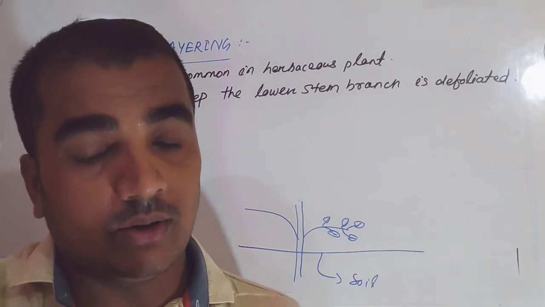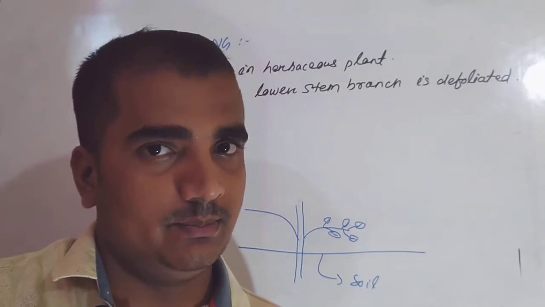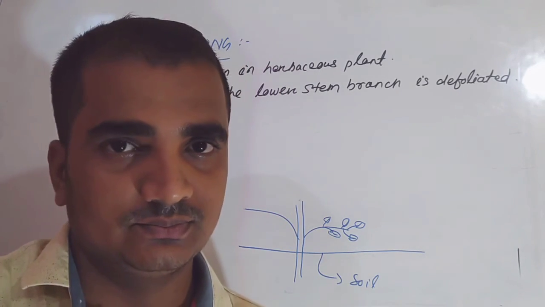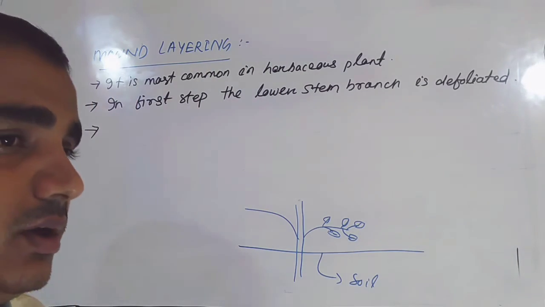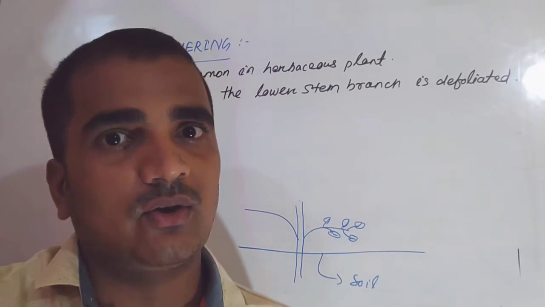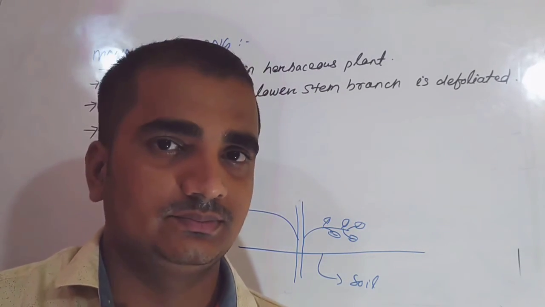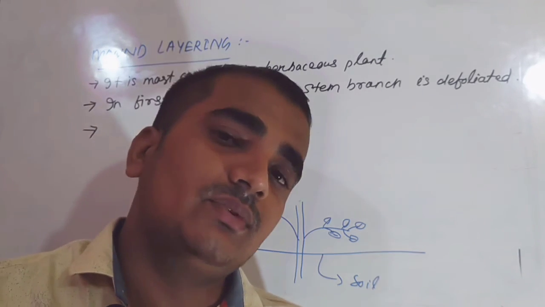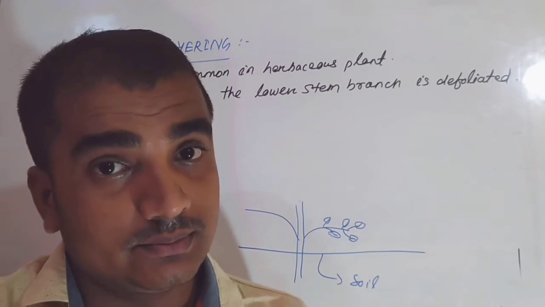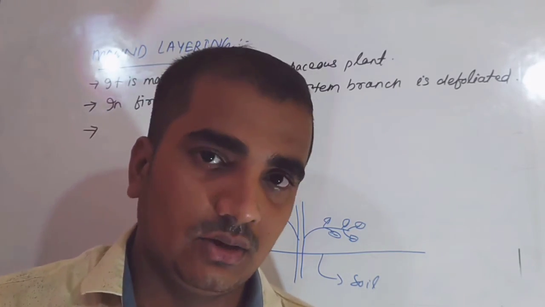This cut or injury is made in the form of oblique, or in the form of V shape, or it can be in the form of a ring of bark. If the injury is made in the form of oblique, we call it tonguing. If the injury is made in the form of V shape, we call it notching.